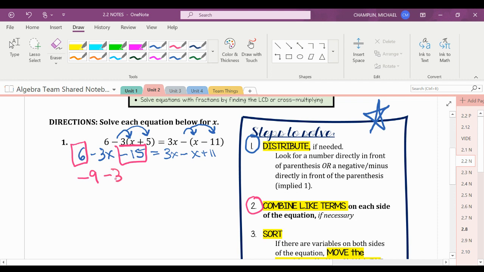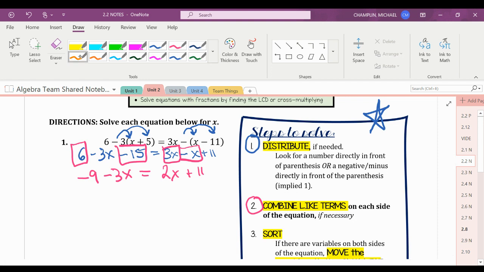Nothing happens to the negative 3x, though. Put that equal sign there to keep the flow. And now we have 3x minus x plus 11. Well, can't you do 3x minus x equals 2x? That would be combining like terms. However, the plus 11 must remain.